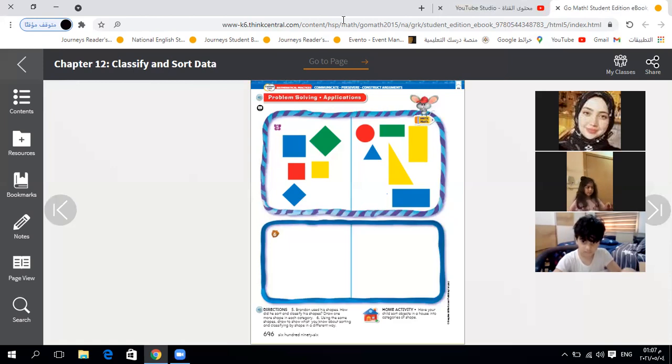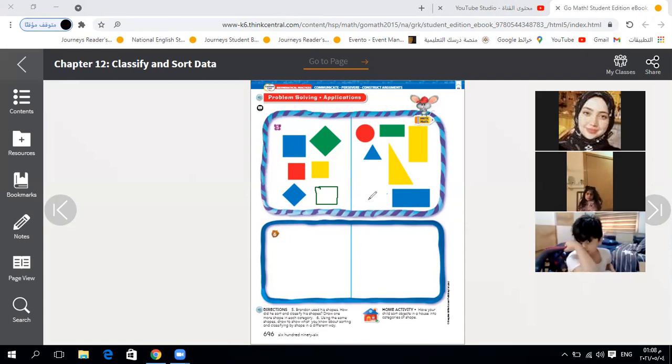Now I want you to write, or draw here, the same shapes, the square. We have to draw the same shapes. All these shapes in here are squares, so we have to draw the same shape. And here we have to draw a different shape. We have a rectangle, a square, a circle.